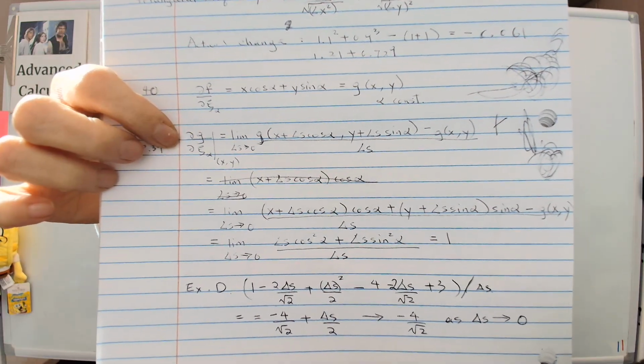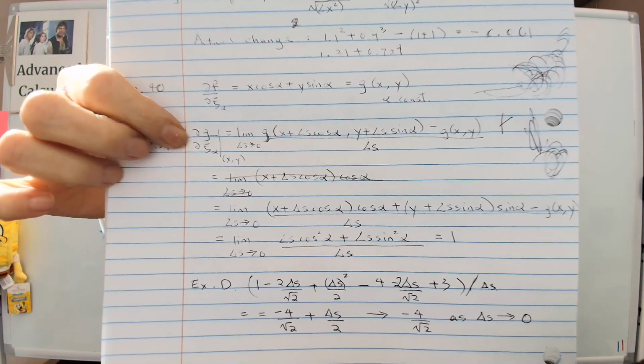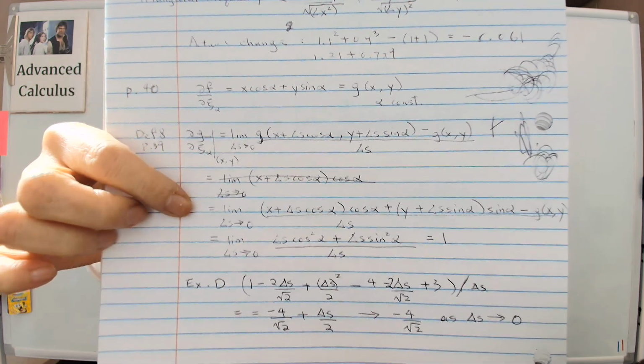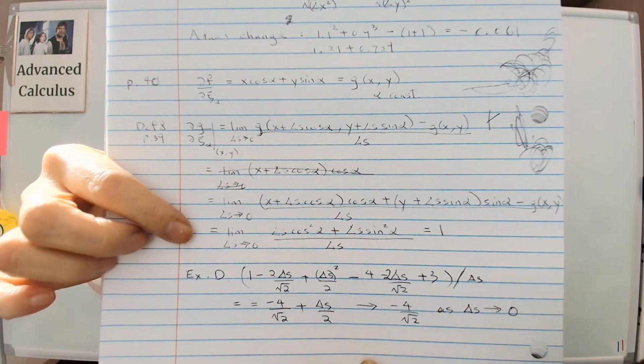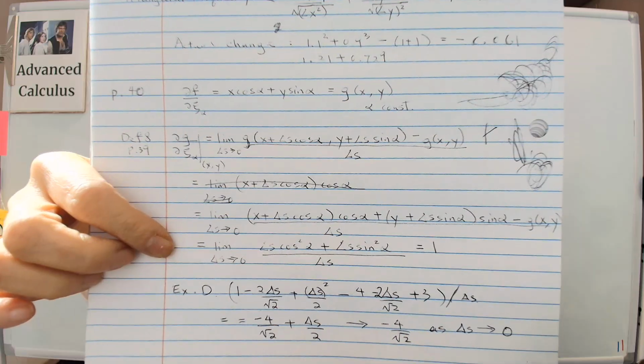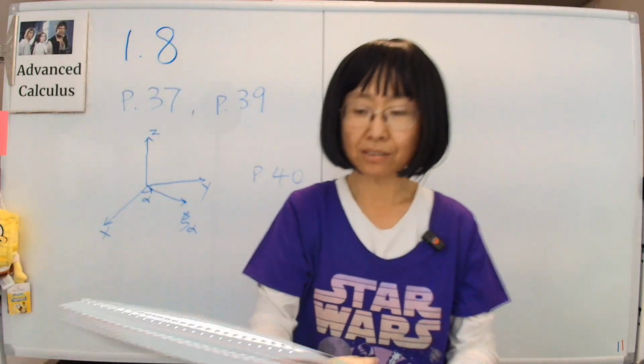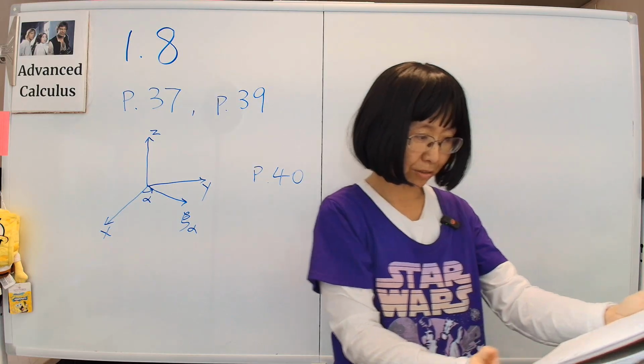So you plug this into the original definition, calculate it, and come up with the answer. In this example, the answer happens to be 1, but that's how you do it. So please do this yourself to see what is going on.